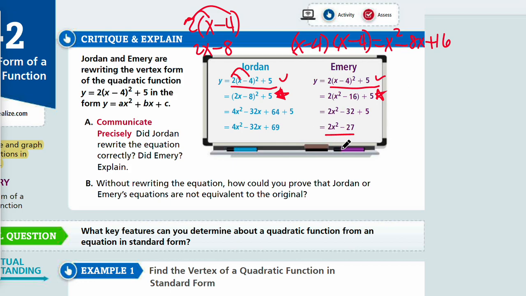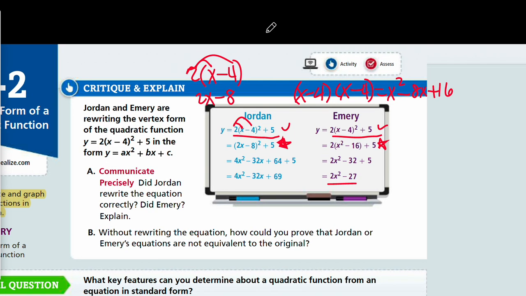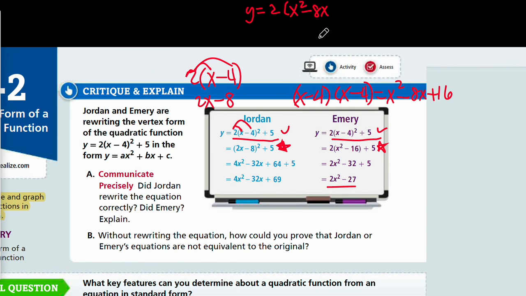So what is the correct step? We can say that x minus 4 squared is x squared minus 8x plus 16. So then the next step would be y equals 2 times (x squared minus 8x plus 16) plus 5.